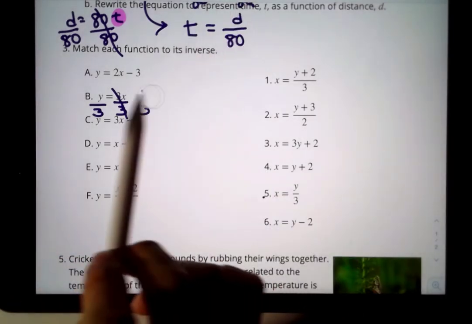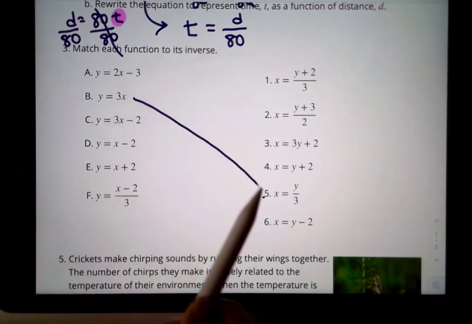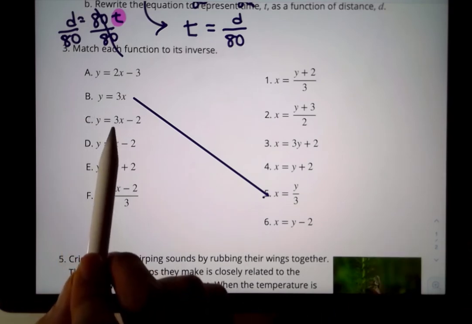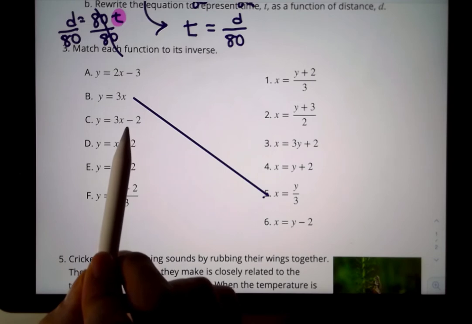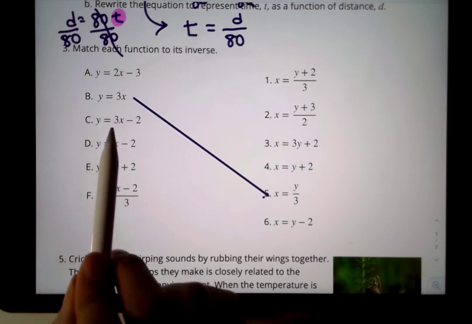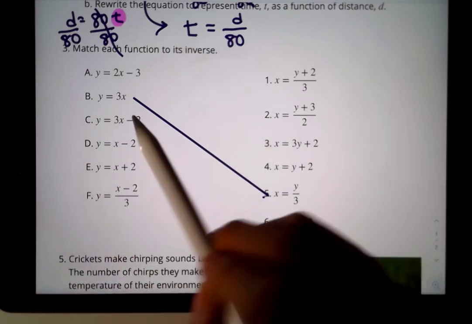I'm gonna erase this one. So that's number 5. And for C, we need to add 2 and divide it by 3. Just think about the opposite operation. So y plus 2 over 3. It's 1.